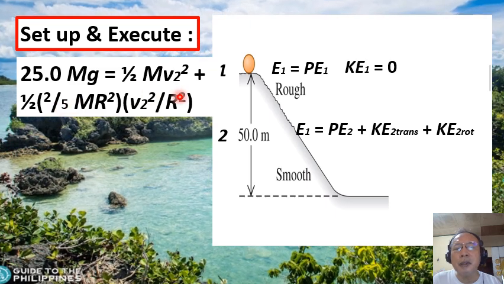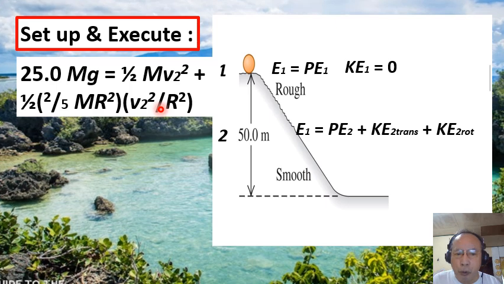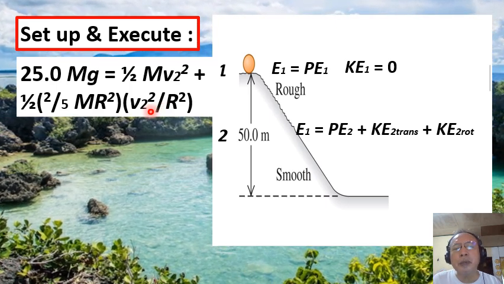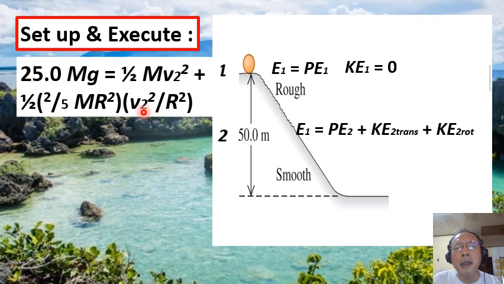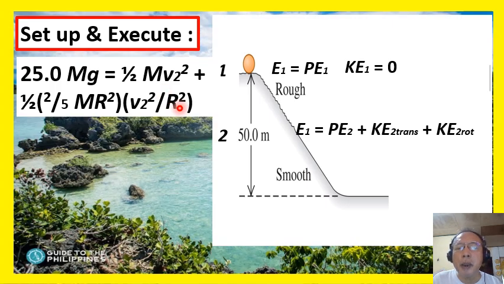And then the angular speed omega squared is also substituted here by v sub 2 squared over capital R squared.